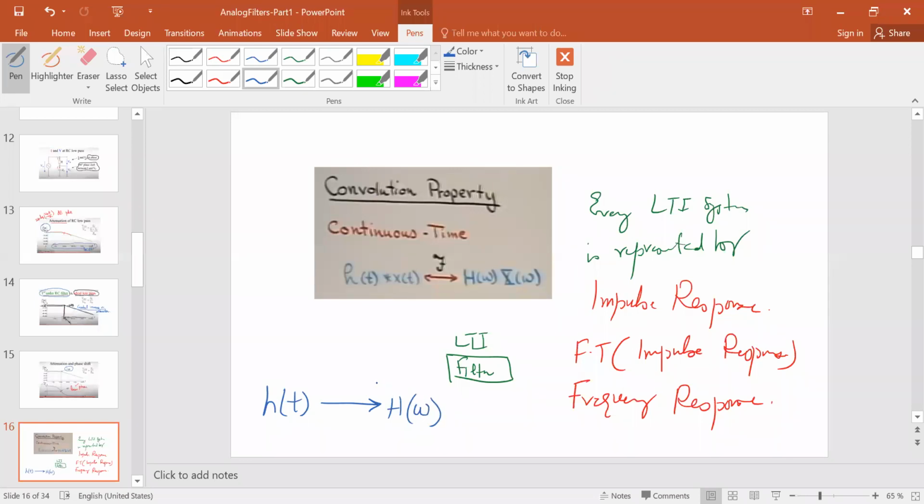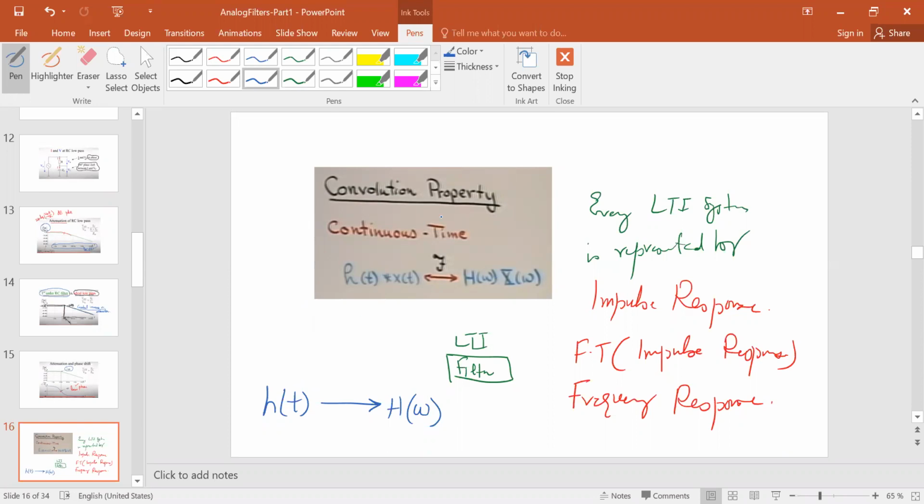So h of omega is the frequency response of a system, and h of t is the impulse response of the system. It means h of omega and the small h of t basically represent the same system. One is representing the system in the time domain, and the other is representing the same system, which in our case is a filter, in the frequency domain.